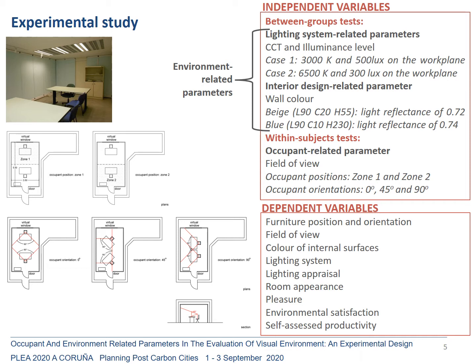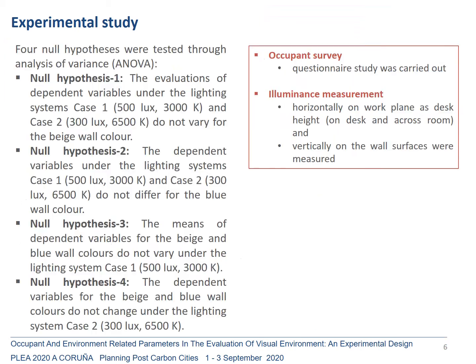And in the within subjects test, the occupant-related parameter was field of view. So 2 different occupant positions and 3 different occupant orientations were analyzed. The dependent variables, starting from the lighting appraisal, going down to self-assessed productivity, were taken from the study of Weich and colleagues, and the first 4 parameters have been added in the frame of this study.